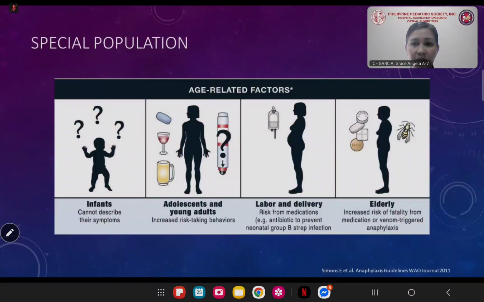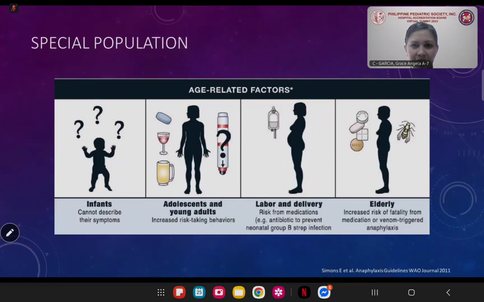There are special populations with regards to anaphylaxis. Infants can probably just present with cyanosis, irritability, or decreased activity because they cannot describe their symptoms. For adolescents and young adults, they have risk-taking behaviors.